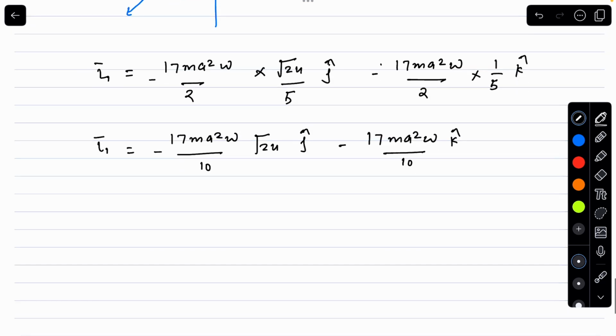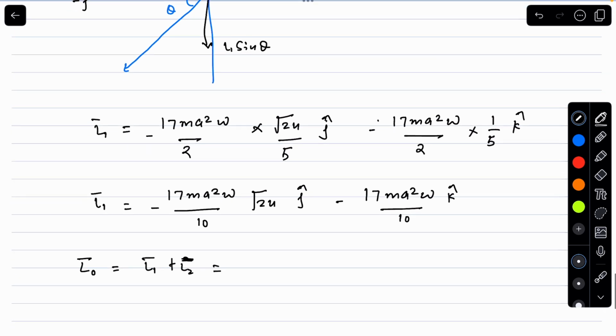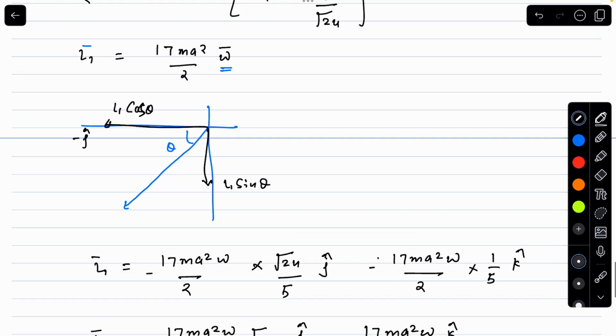So the L net vector about the O point is the L1 vector plus the L2 vector. The L1 vector is minus 17 ma square omega by 10, and then you have root 24 j cap, and then you have minus 17 ma square omega by 10 k cap. And then you add the L2 vector.